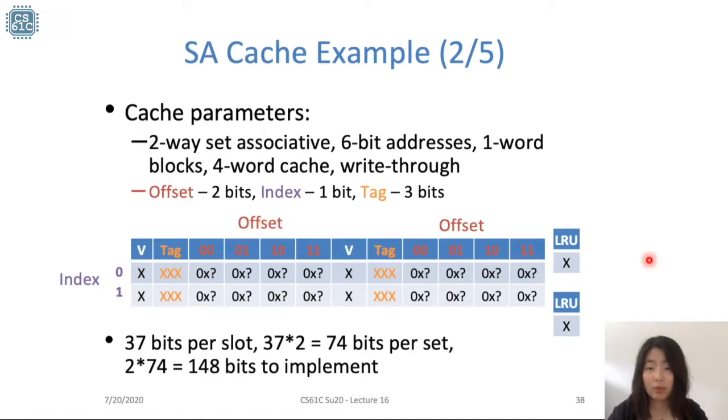From here, we can see that we need 37 bits per slot, and 37 times 2 equals 74 bits per set. In total, we need 148 bits to implement. Recall that we need 150 to implement the fully associative, and 140 for direct mapped. So for set associative, it's expected that you will have a number somewhere in between.